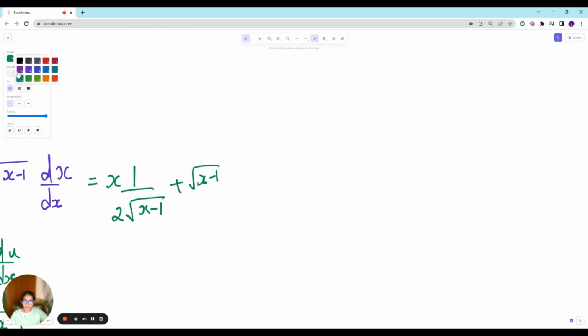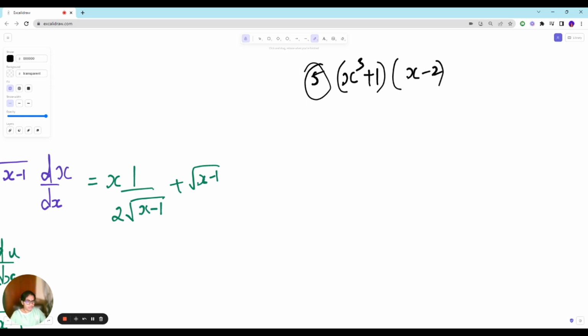Say the fifth one is, find the derivative of (x cube plus 1) into (x minus 2) divided by x square. This looks a little bit complicated, right? Because we have a quotient here. This is f, this is g.